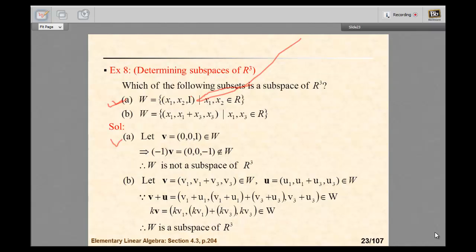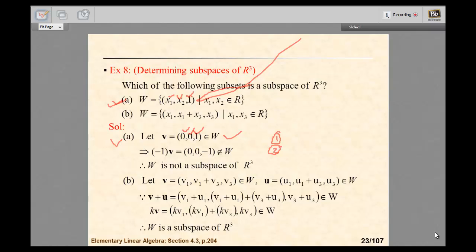For question number 1, let us take any values for x1, x2. We will choose 0, 0, or you can choose anything. So we choose 0, 0, and 1 is fixed here, so we write 1 here, and it belongs to W. For a subspace, we will show the two properties, addition and scalar multiplication.